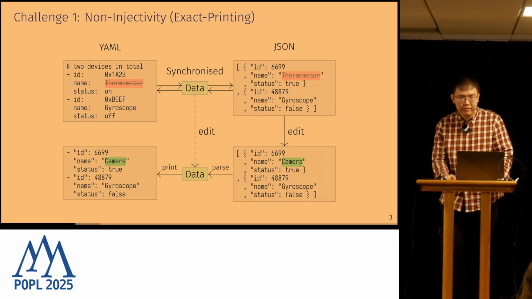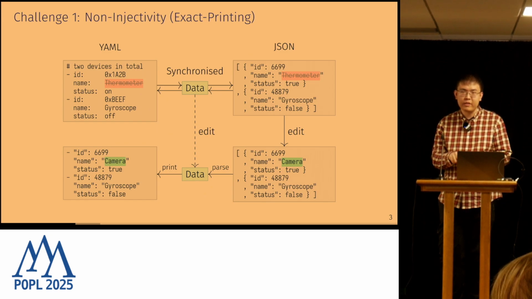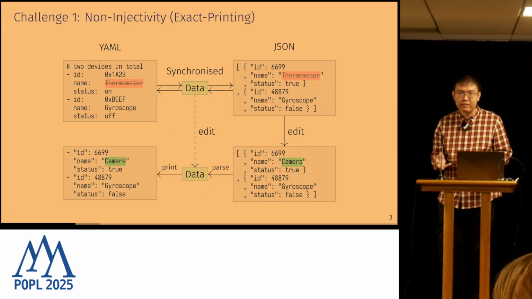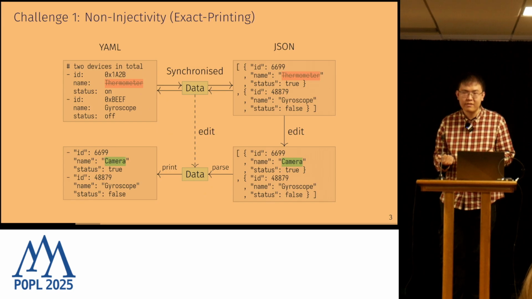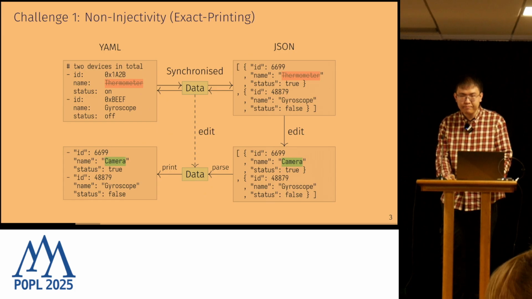So I think in a lot of actual situations, for example, you have two people collaborating on the same data source and they have different preferred data formats, then it wouldn't be very polite to see that your formatting is lost after my change. So I think that's one of the fundamental flaws of existing pretty printers. Thank you.